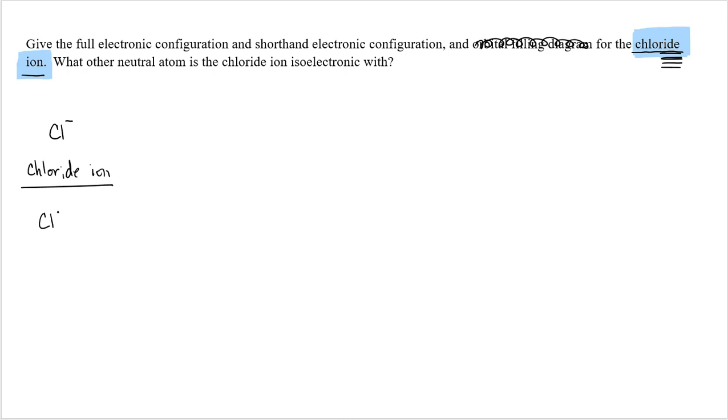Neutral chlorine has 17 electrons, but the chloride ion has 18 electrons. It is isoelectronic with argon. So it has 18 electrons, not just 17. It has gained an extra electron, so it will have 18 electrons.